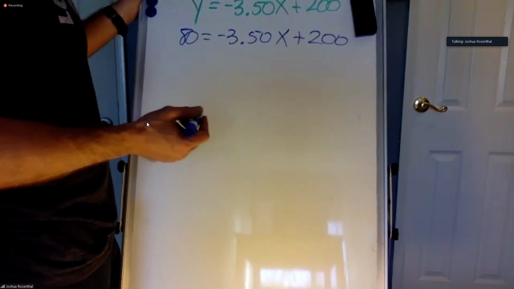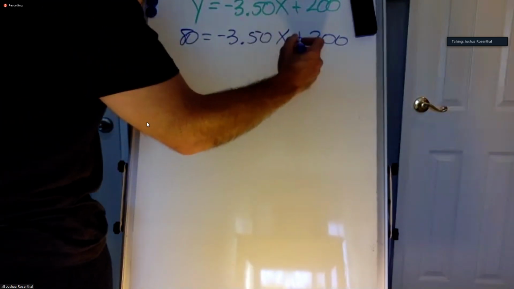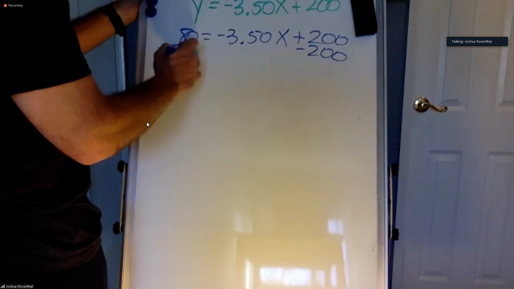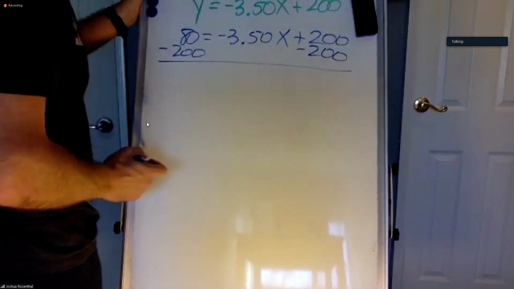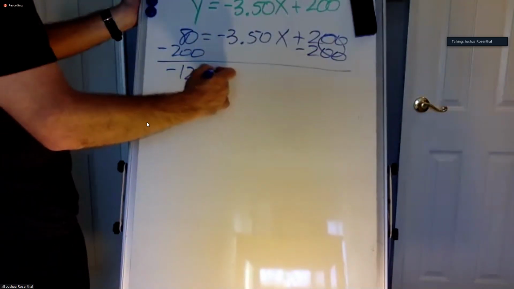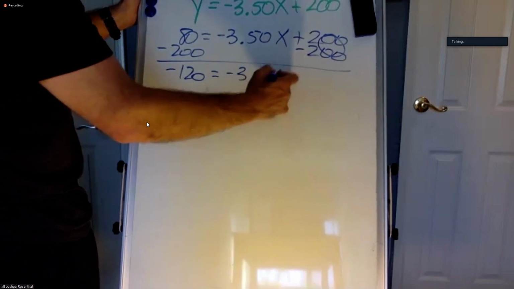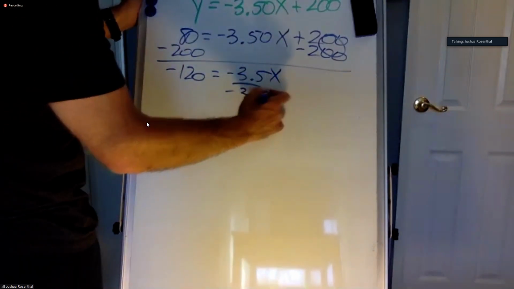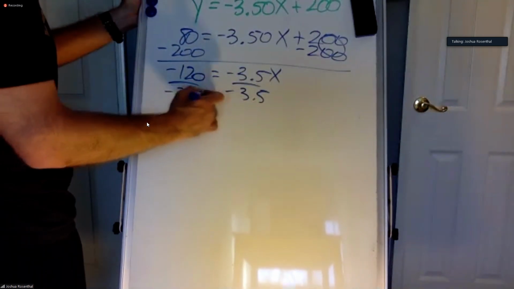Never mind. Okay. I would solve this to find, okay, look, watch this. Negative 120. Divide by negative 3.5. And a negative divided by a negative is a positive.